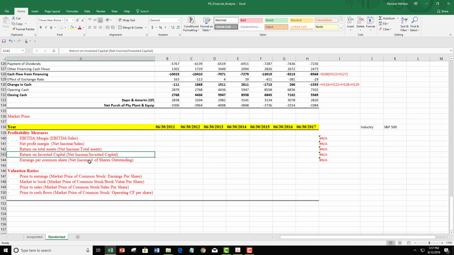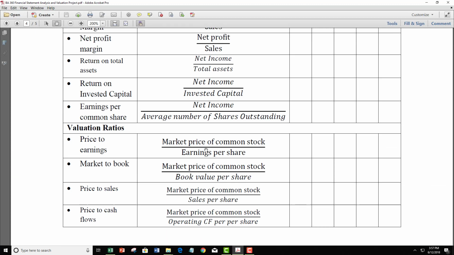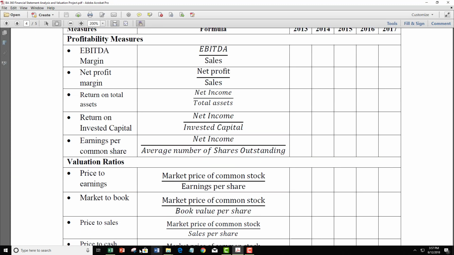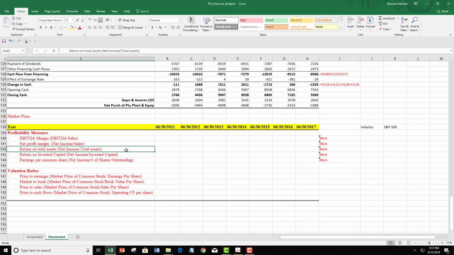To save time, I have already listed all the ratios that I asked for in part 2 in the Excel file. I have also written here the formula for how to compute them so that you don't get confused. I would also suggest you do the same when you are doing this for your company. Otherwise, sometimes it might be confusing.